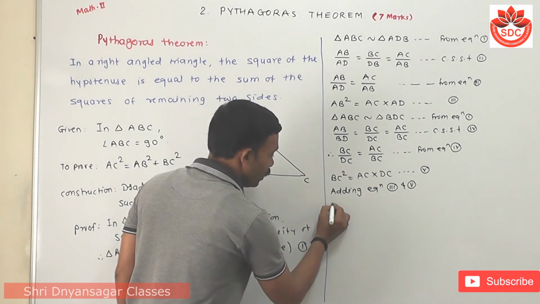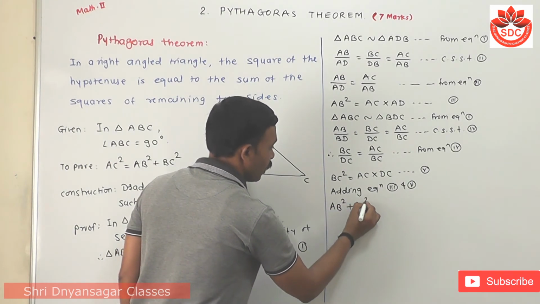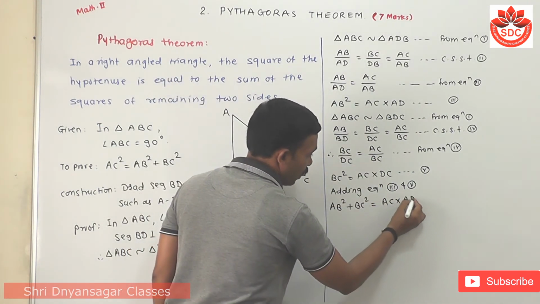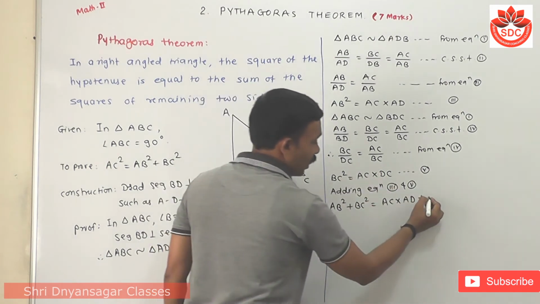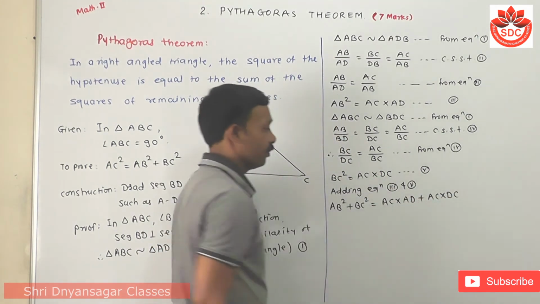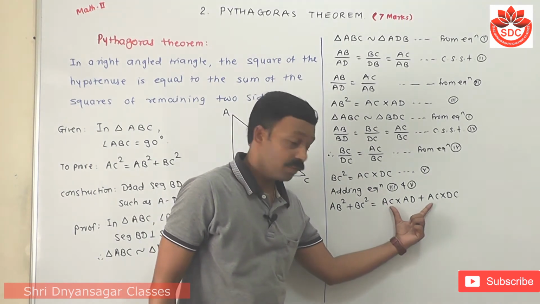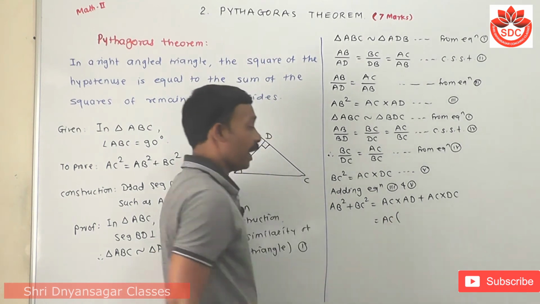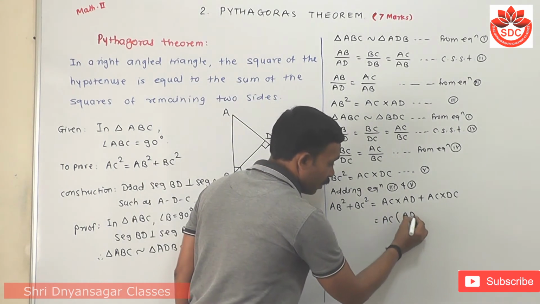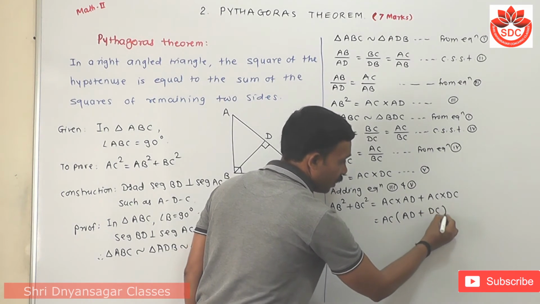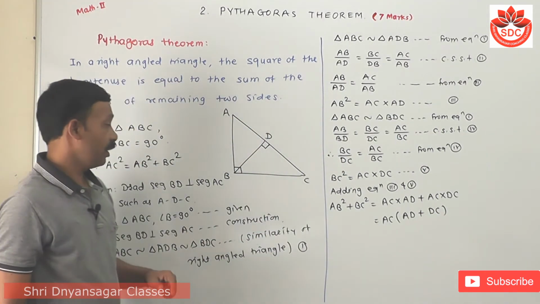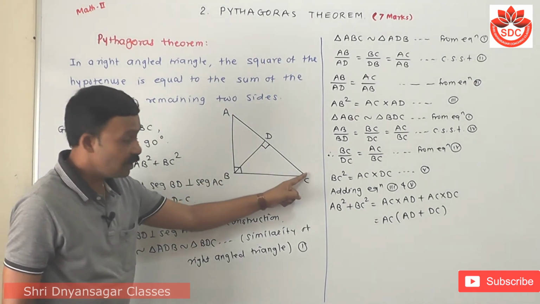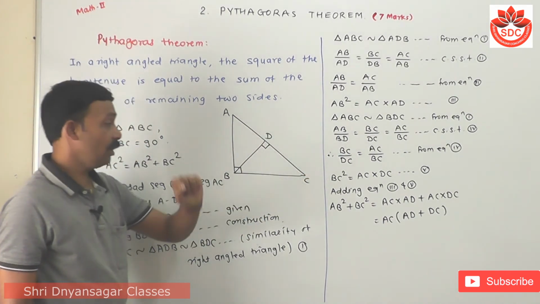So AB square plus BC square is equal to AC into AD plus AC into DC. Now students, observe here AC is common, so I take AC common. Then in the bracket AD plus DC. Now look at your figure: A-D-C, AD plus DC becomes AC by using the betweenness property.